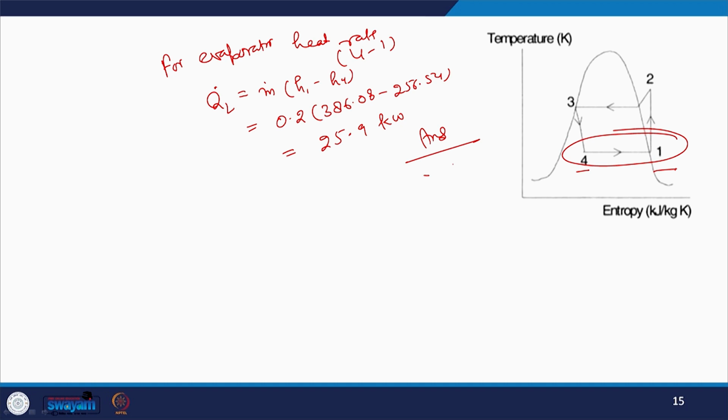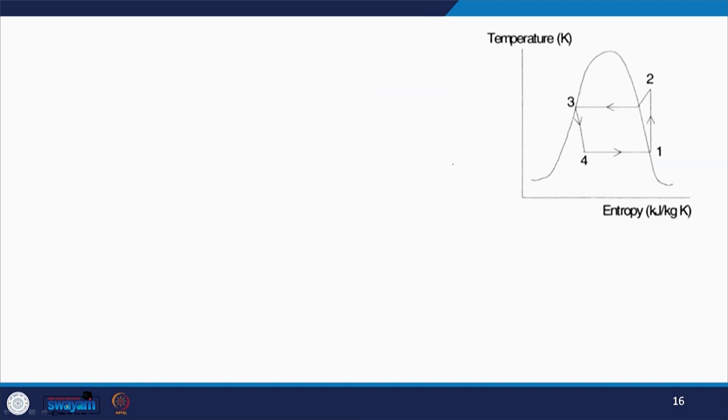The next step is to calculate the coefficient of performance. As you know, the coefficient of performance COP is QL over W. We have already calculated that it is 25.9 divided by 9, and it is 2.87.